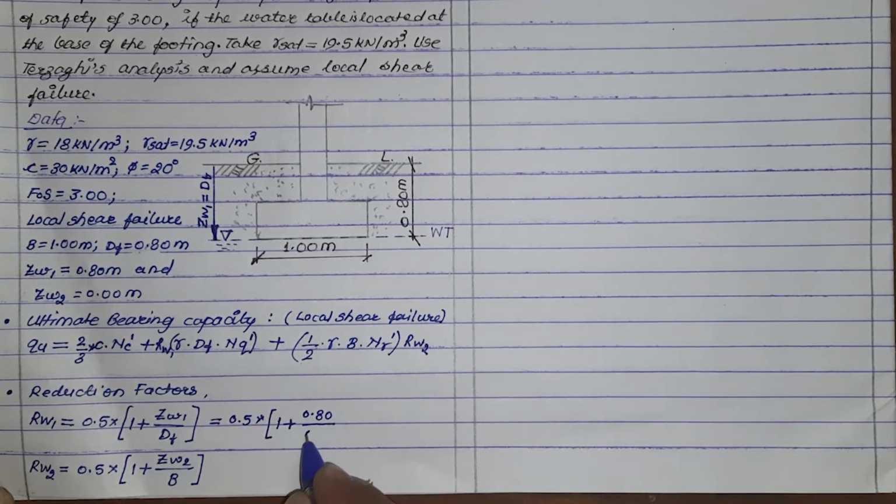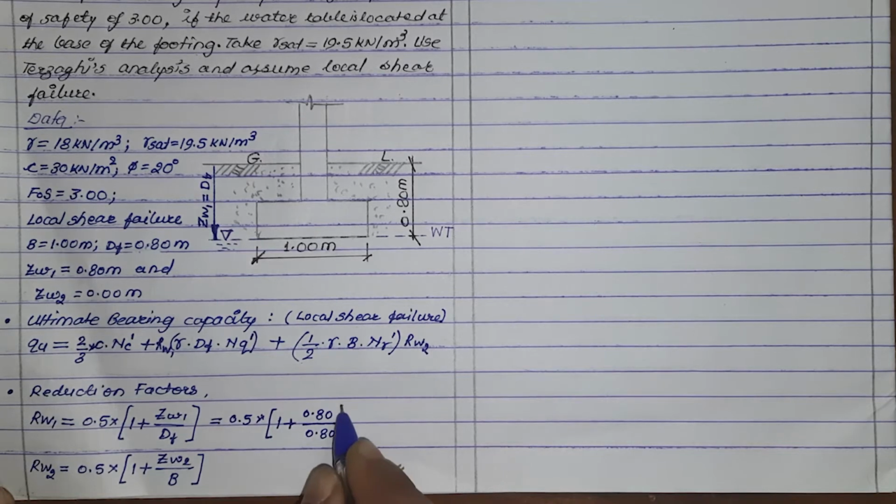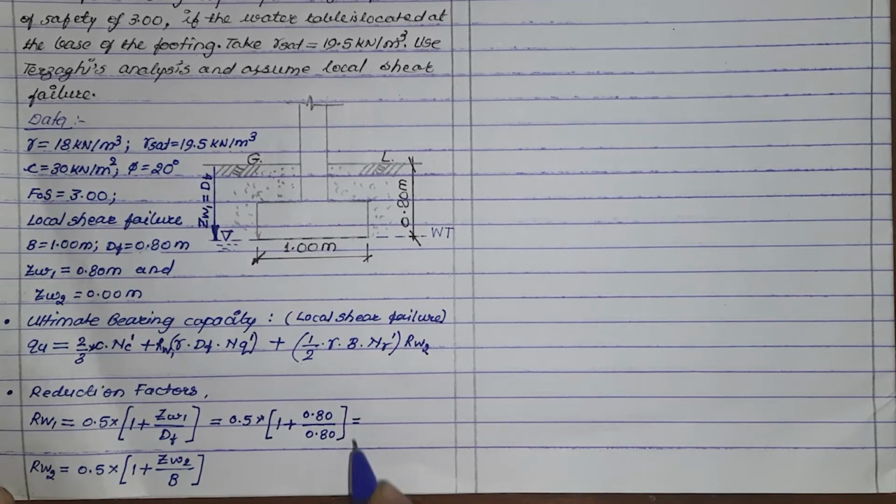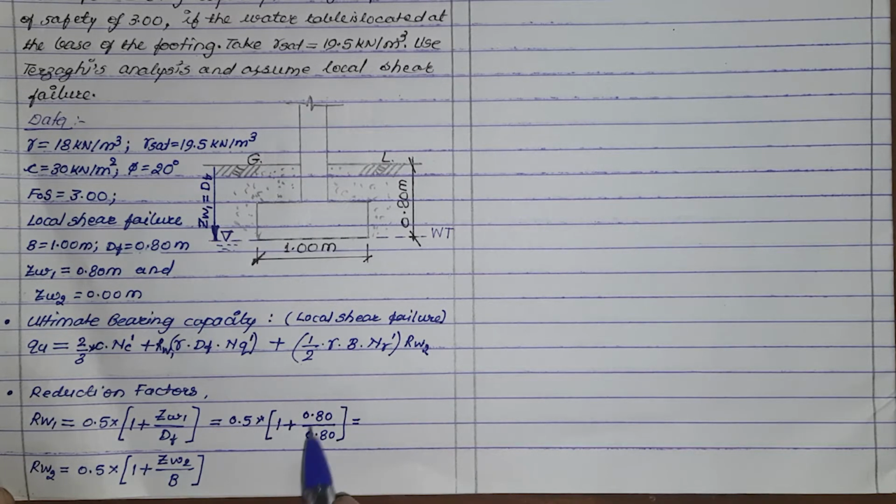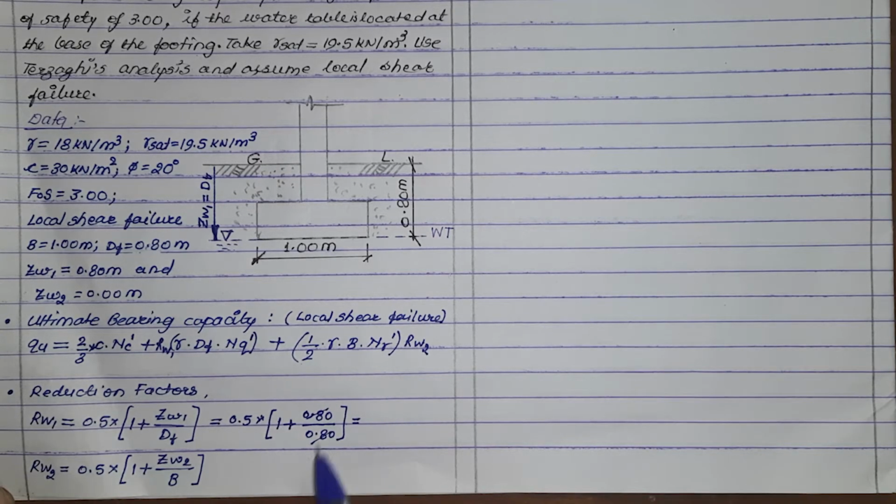It is the depth of foundation, hence 0.80. 1 plus, now this 0.8 will get cancelled, so it will be 1. So 1 plus 1, 2. 2 multiplied by 0.5 is going to be equal to 1.00. So RW1 is equal to 1.